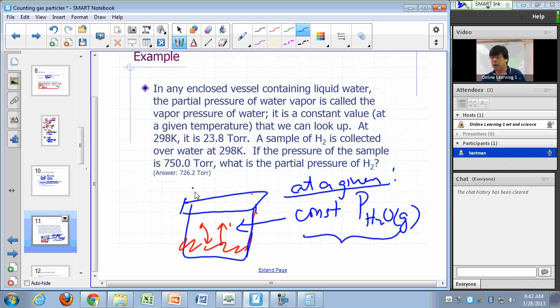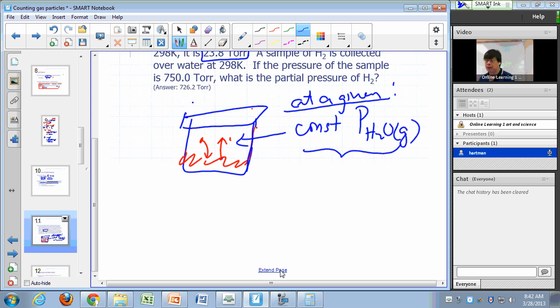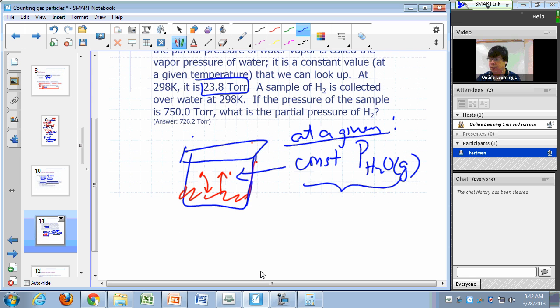In the case of water, at room temperature, if you let it sit at room temperature, 298 Kelvin, in an enclosed container, it's going to build up to 23.8 torr, and it will stay there. It's going to be a constant at 23.8 torr. This value right here, 23.8 torr, we call the vapor pressure of water. So this pressure of the gas, we say, is in equilibrium with the liquid.